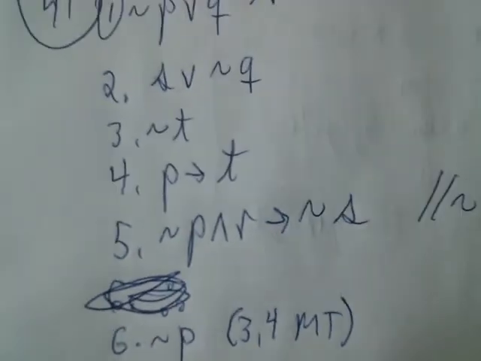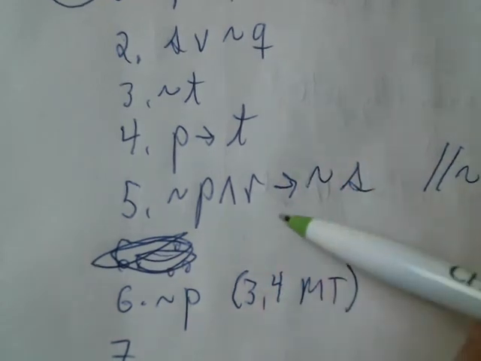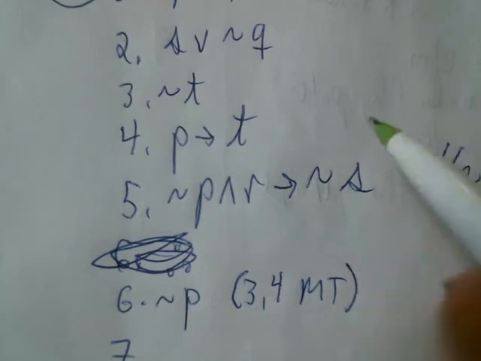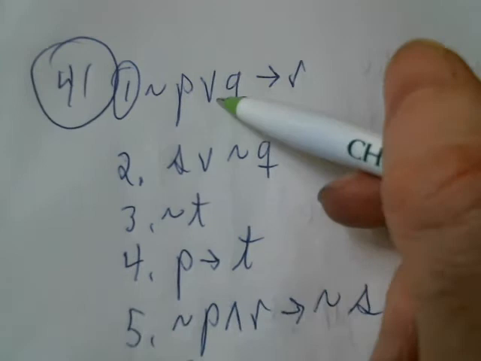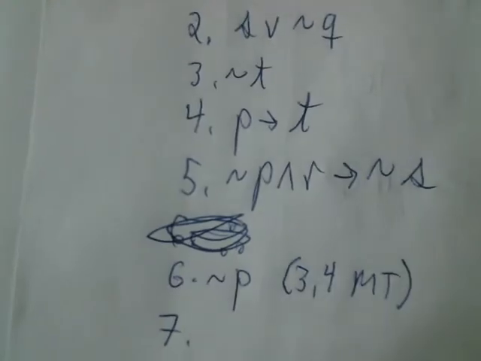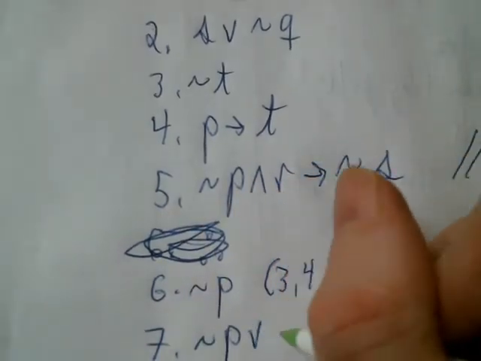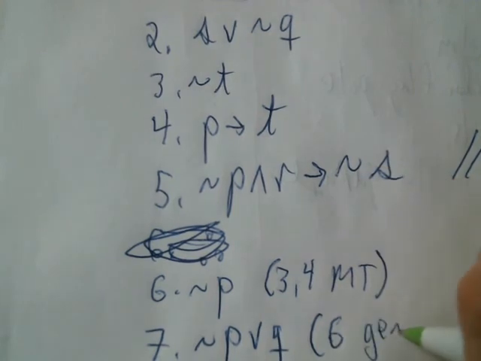Then I can do a generalization. Well, no, I can't do a generalization, I need an or. Let's see what else I can do. So I got not P. Oh yeah, I can do a generalization to get this statement. So I'll say not P or Q. So that's just generalizing 6.